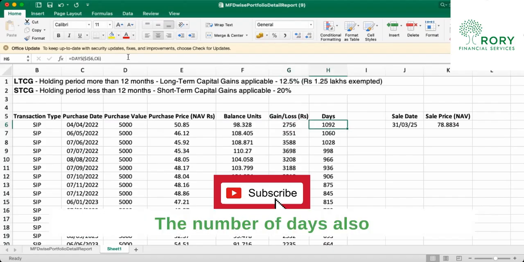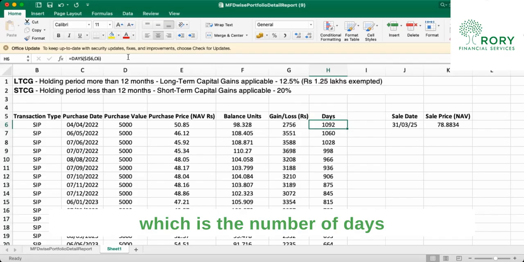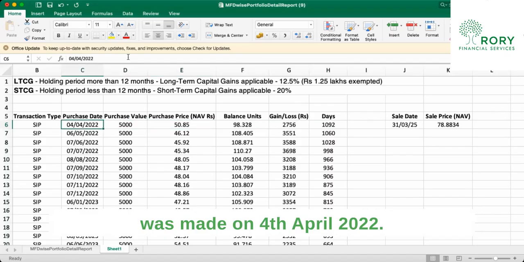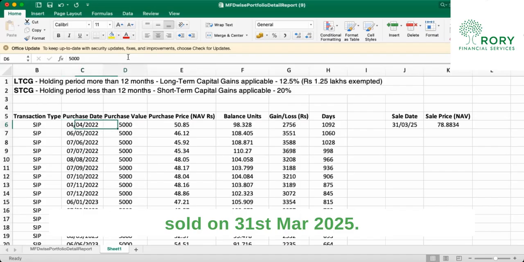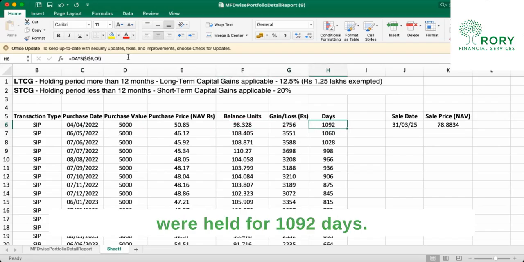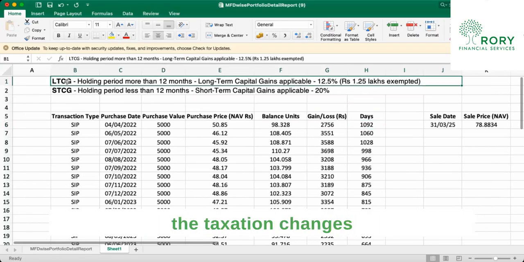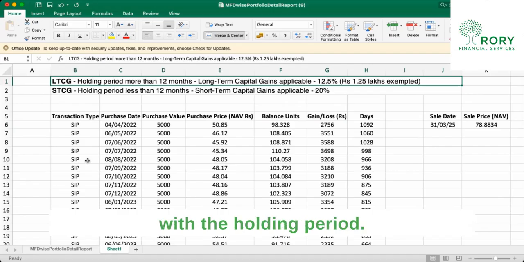Now, the number of days also I have calculated, which is the number of days each transaction was held. So here, this transaction was made on 4th April 2022, and then the units were sold on 31/3/2025. Therefore, these units were held for 1092 days. Now, as I mentioned earlier, the taxation changes with the holding period.